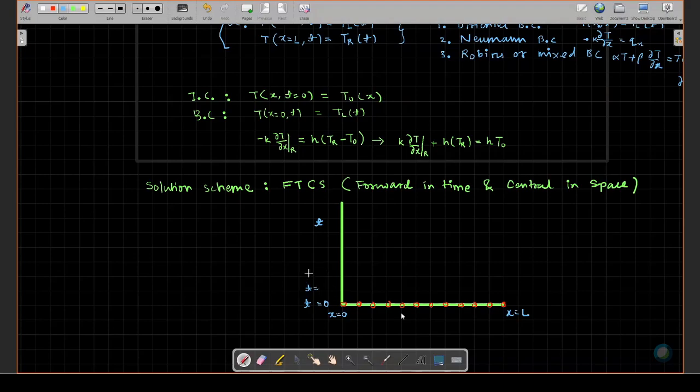Okay. So I'm just writing t equals n plus 1, like that. We'll follow consistently n plus 1, and say this is nth.